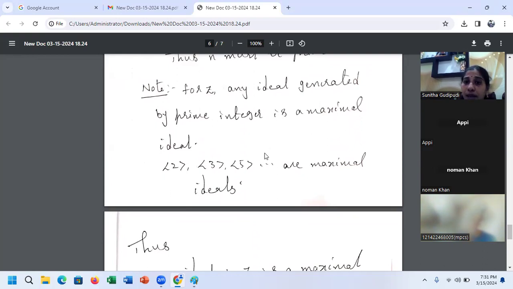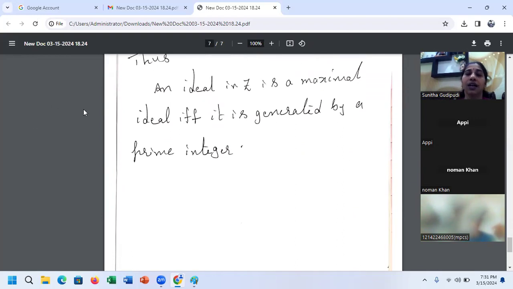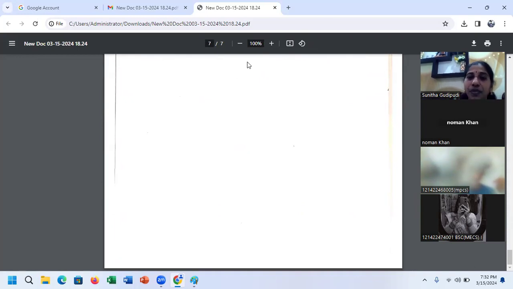So when can it be a maximal ideal? Provided it is generated by a prime number, that is generated by 2, 3, 5, 7, 11, etc. Now, putting both these theorems together, we can state one particular theorem. An ideal in Z is a maximal ideal if and only if it is generated by a prime integer.